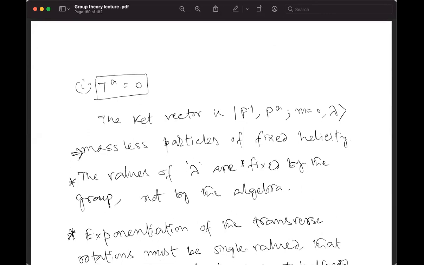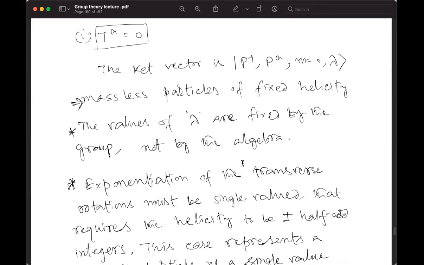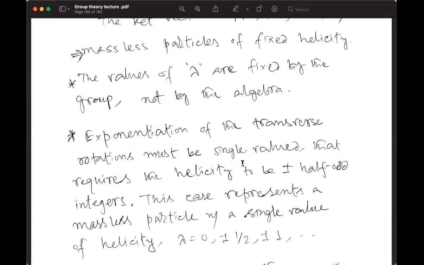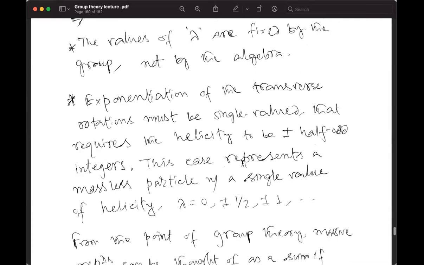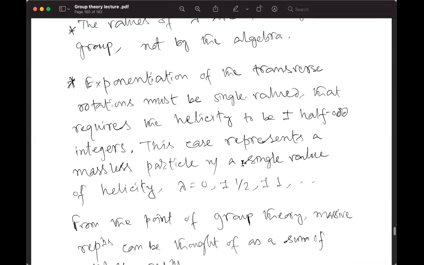It's a massless particle of fixed helicity. Okay? And the values of lambda are fixed by the group, not by the algebra. Now the exponentiation of the transverse rotations must be single valued, which requires the helicity to be plus minus half or integers. This case represents a massless particle with a single value of helicity lambda.